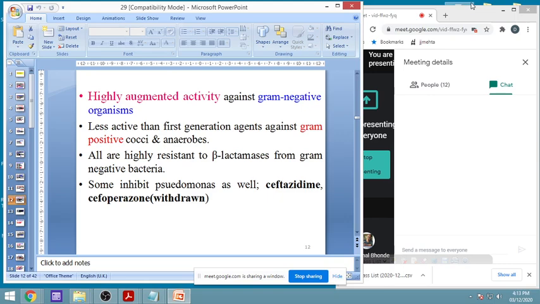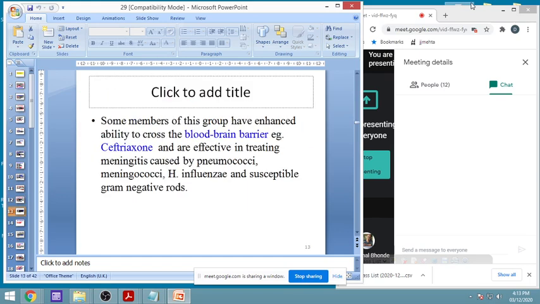But as you go to the next generations, their activity towards gram positive will slightly decrease, and their activity against gram negative will highly increase. They are highly resistant to beta-lactamase from gram negative bacteria. Some inhibit Pseudomonas also, for example ceftazidime and cefoperazone, which is withdrawn because of adverse effects. But these were active against Pseudomonas also.